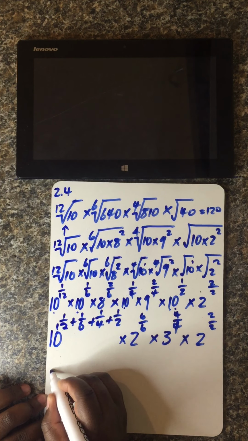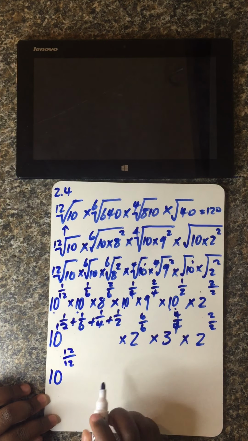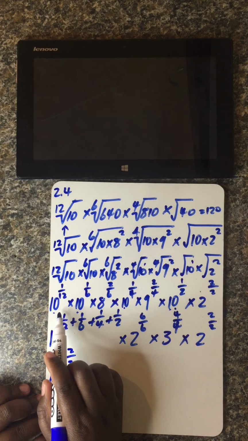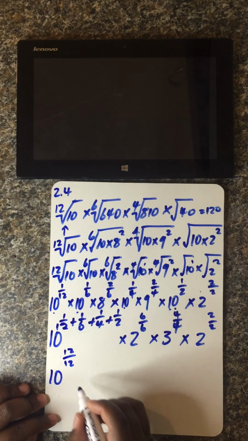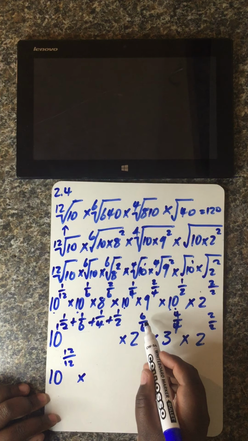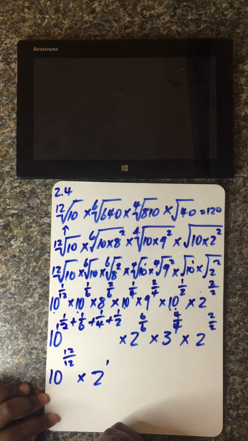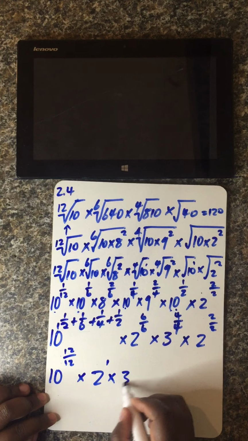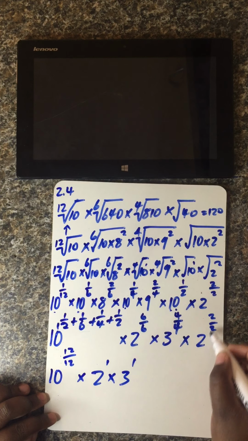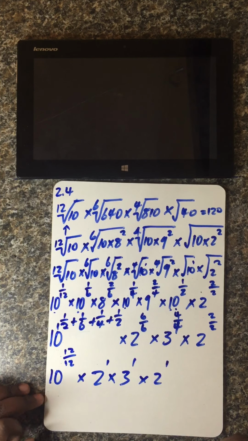I can tell you this is going to be 12 over 12. So I'm giving you homework to prove that the whole of this is equal to 12 over 12. So you multiply all of this. This is just 6 divided by 6 is 1. So it's the same as 2 to the exponent 1 multiplied by 3 to the exponent 1 multiplied by 2 to the exponent 1.